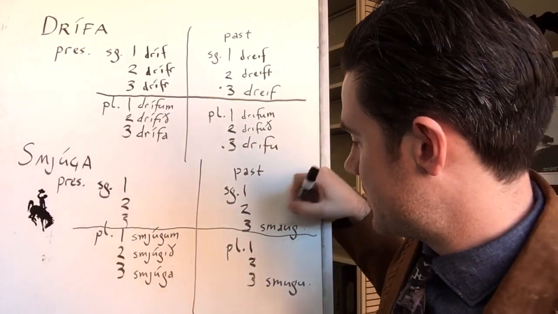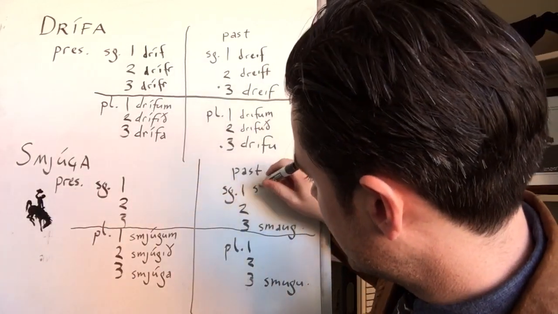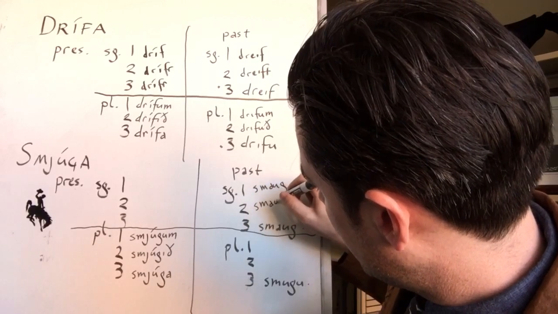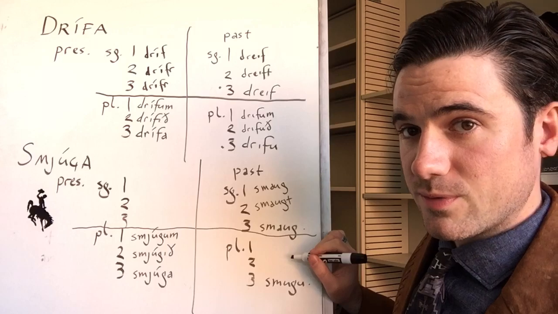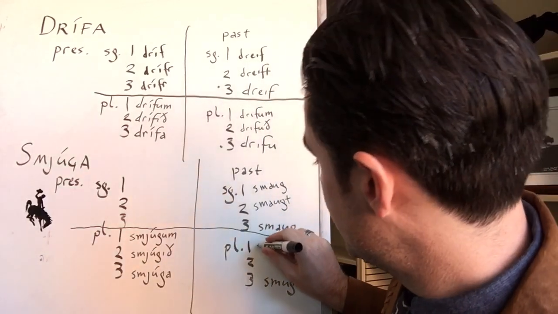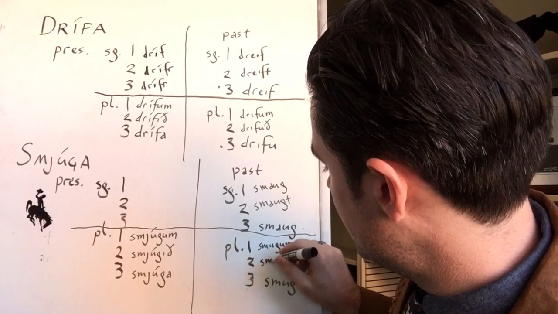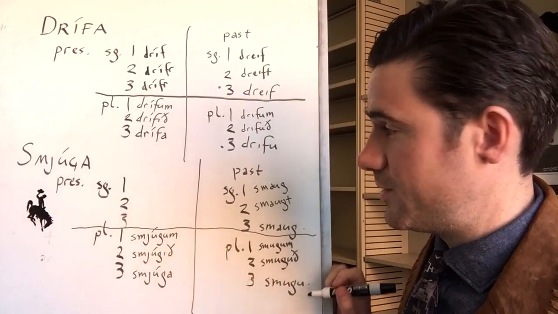You know that because this is au, it's going to have the same thing in the other form. So ek smaug, þú smaugt. And you know this is going to be the same vowel in the other forms of the verb in the past plural. So smugum, smuguð, we crept, y'all crept, they crept.